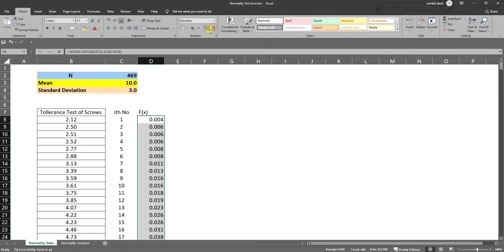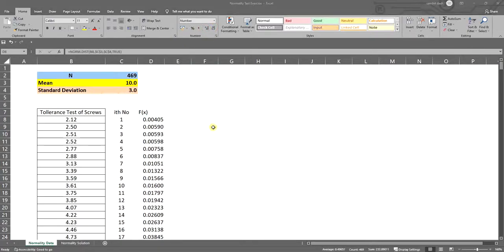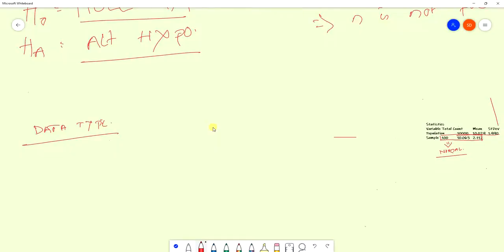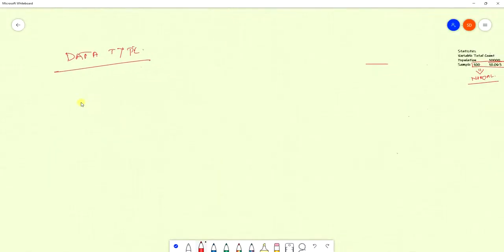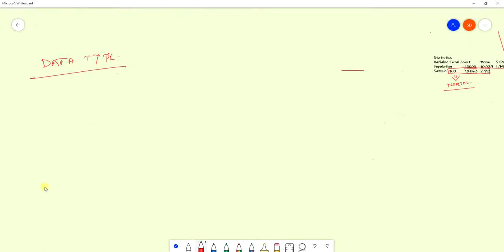Now just to give you an understanding of what the cumulative distribution function and the probability mass function are.